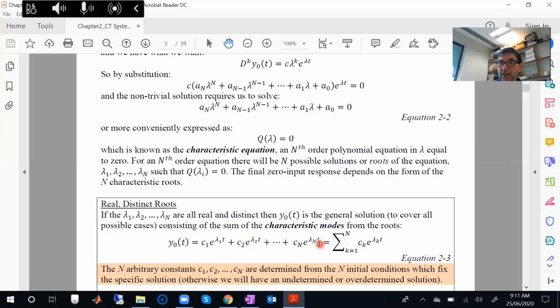But you'll have n exponentials because you have n roots. You have a linear combination of them. Also, this is a constant because this will always solve that equation no matter what value of c1. This will always solve that equation no matter what value of c2. So you effectively have an infinite number of possible solutions.